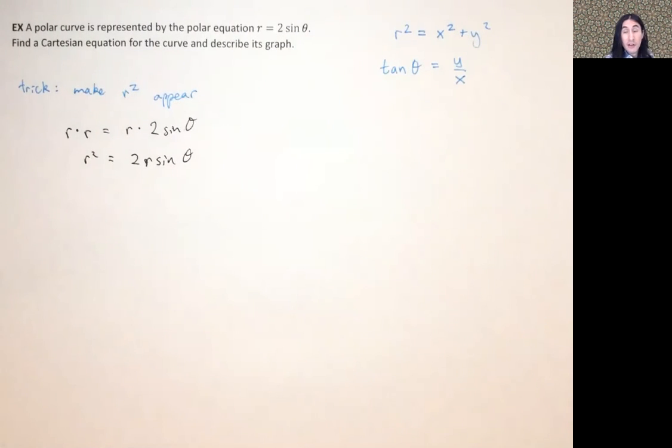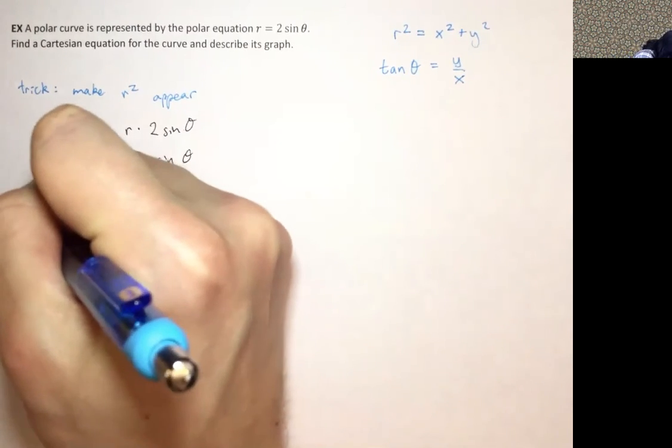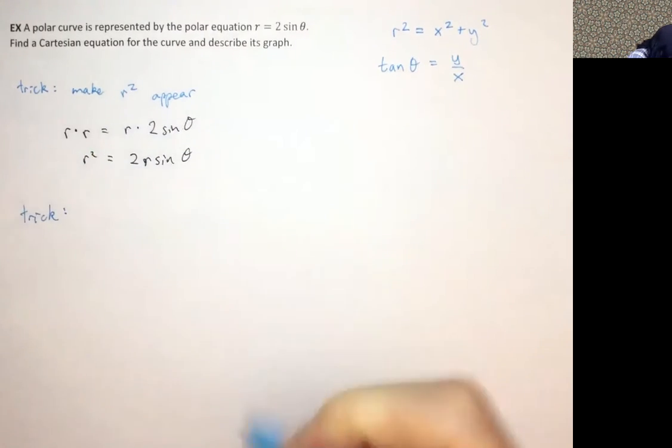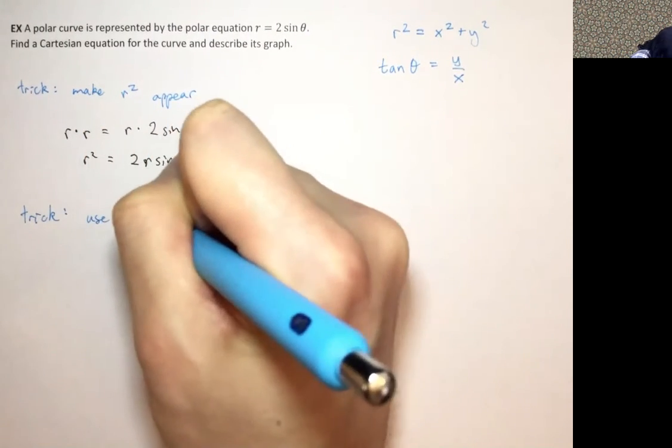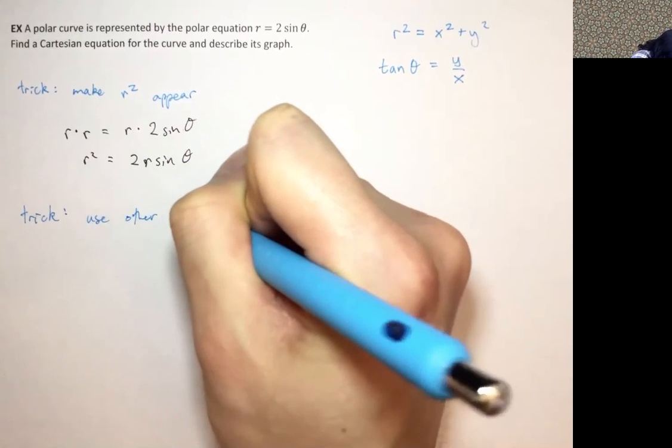Other trick, remember that tangent of theta isn't the only way to relate theta to the sides of your right triangle. Use other trig functions.